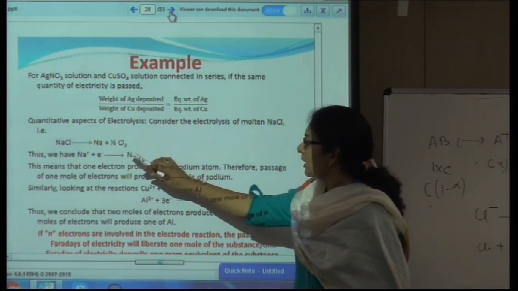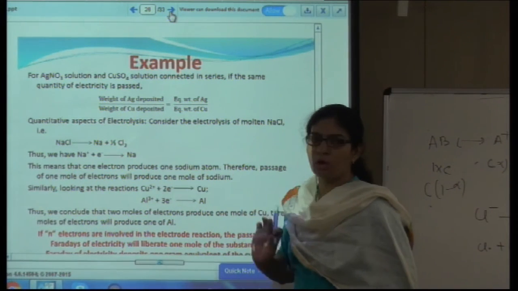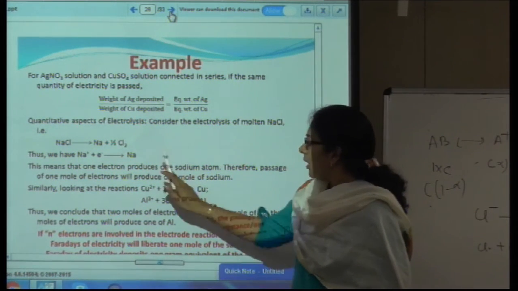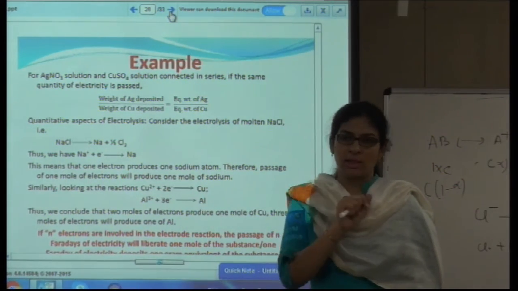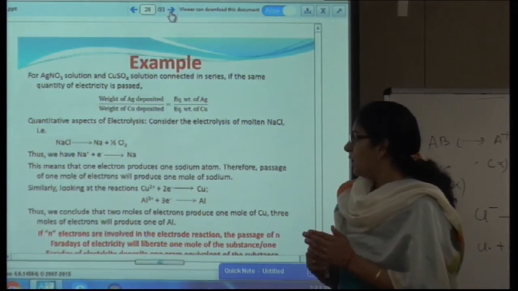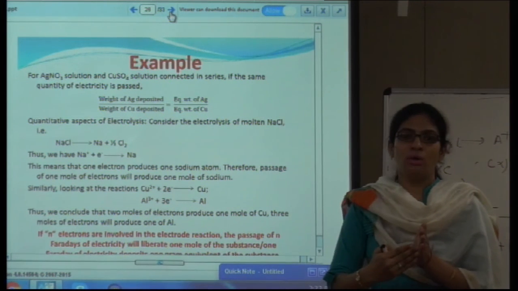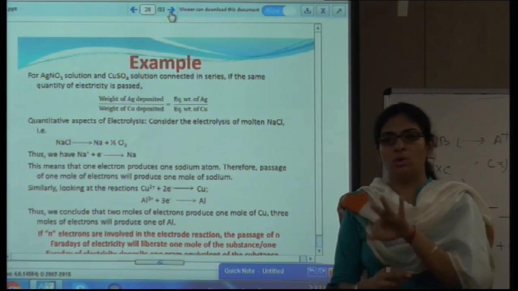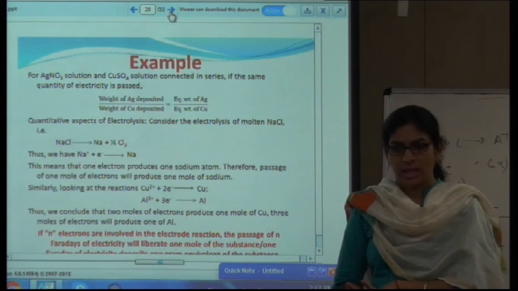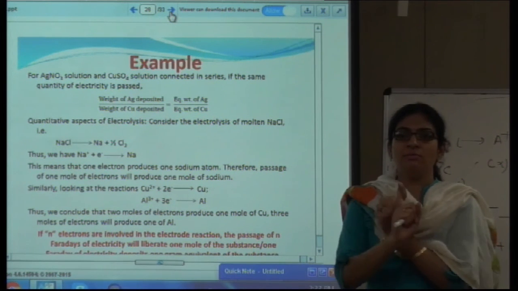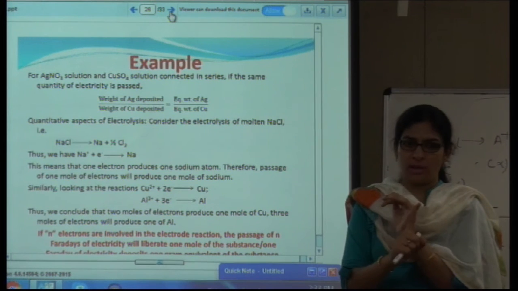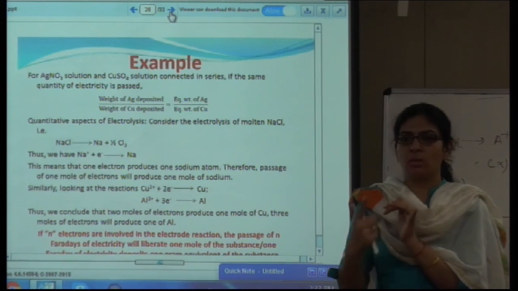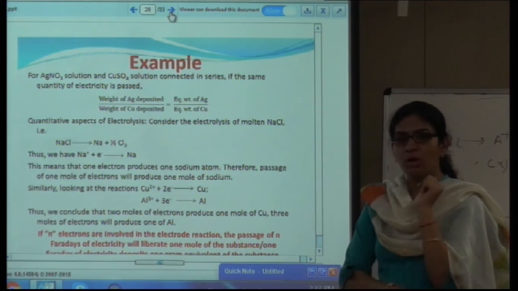If you consider the reduction of sodium ions, in order to get one atom of sodium you need only one electron. So if you have 1 mole of sodium ions, you will get 1 mole of sodium atoms, right? So 1 Faraday is required to deposit 1 mole of sodium.